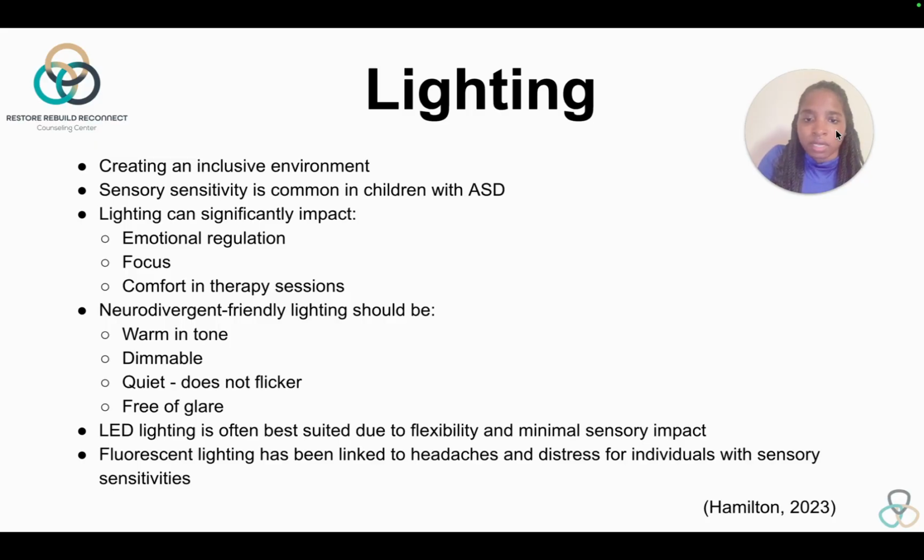So for children, it's really important to make those changes. Even something as small as lighting can be such a powerful accommodation, and it can really increase their sense of safety and comfort.